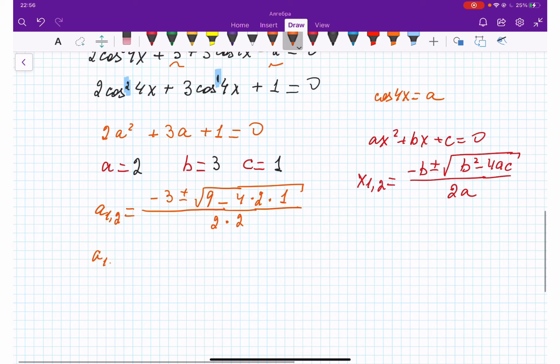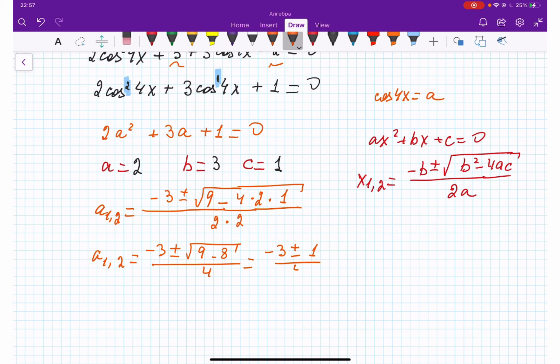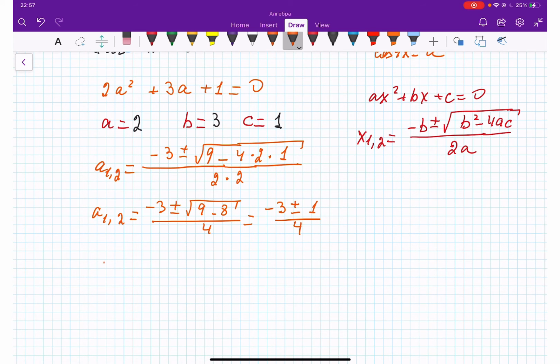So a1,2 is equal to negative 3 plus or minus the square root of 9 minus 8, over 4, and this is equal to negative 3 plus or minus 1 over 4. Therefore, a1 is going to be equal to negative 1, and a2 is going to be equal to negative 1/2.